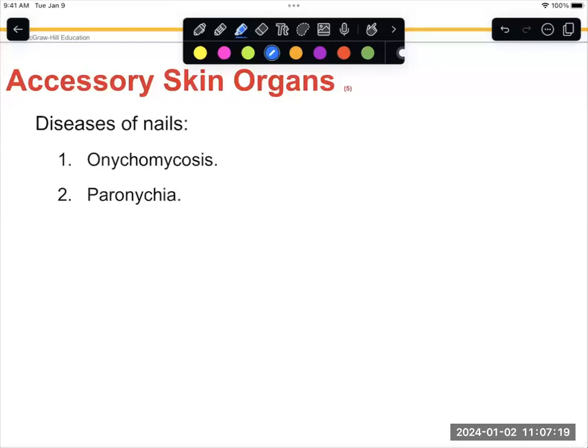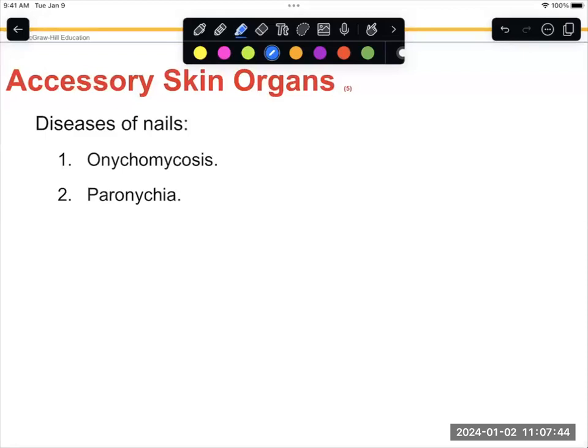Paronychia is a bacterial infection at the base of the nail. The most common bacteria that infects your nails is the same one that infects your skin, Staphylococcus. Nails can reflect different illnesses and conditions as well.